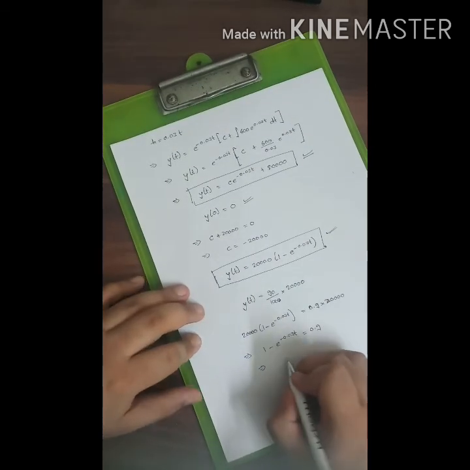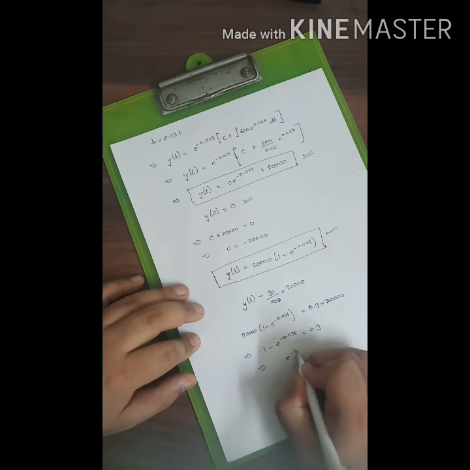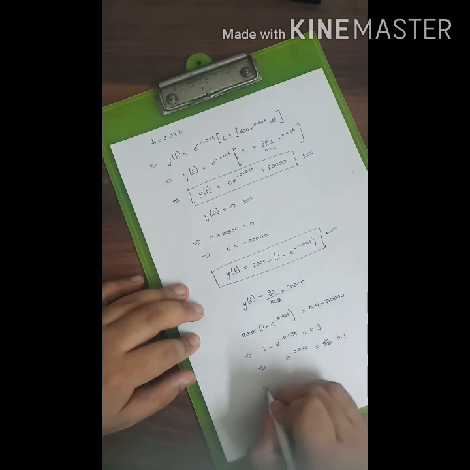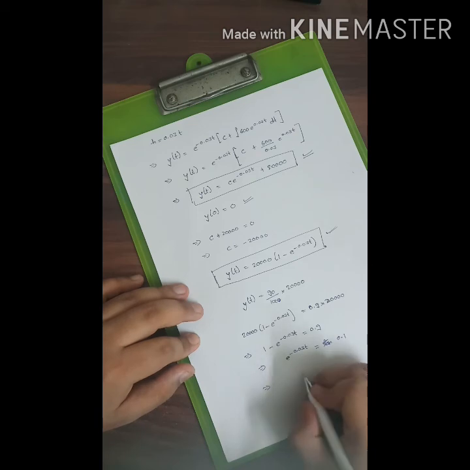And e raised to the power minus 0.03t would be 0.1, so e raised to the power 0.03t equals 10.